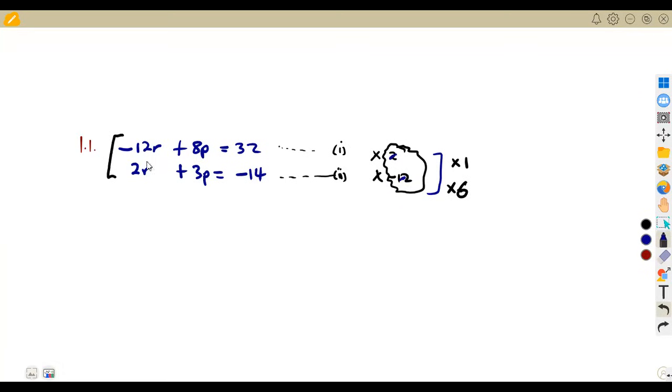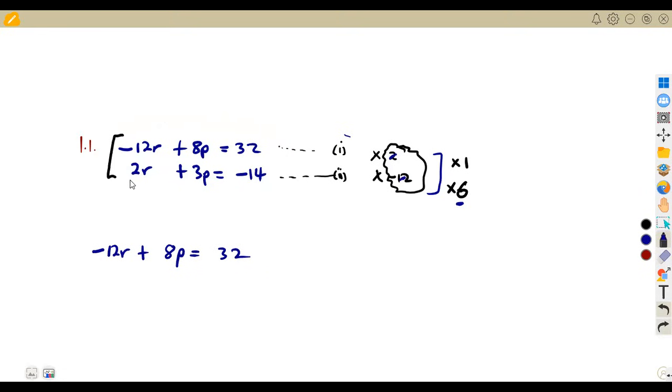So multiply everything on top here, meaning to say this whole equation that we see here is going to be multiplied by a 1. So nothing is going to change. In this case, minus 12r plus 8p will be equal to 32. Nothing is going to change. This one, we are going to multiply by 6. Each and every part here, we are going to multiply by 6.